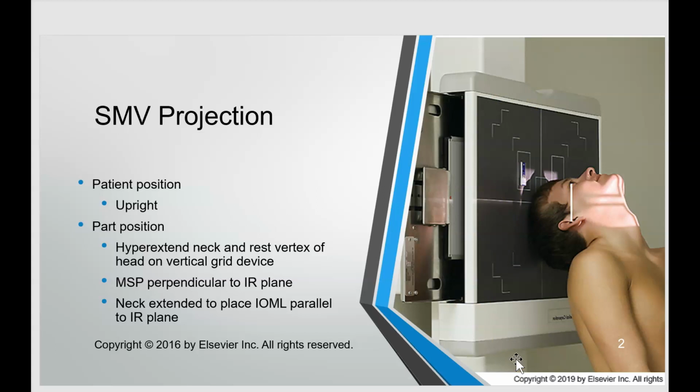Okay, it's important to make sure that if you're seating your patient, which is safer, you move that chair about a foot or so, sometimes even more, in front of that vertical bucky, and then have them extend their head back so that the vertex of their head is resting on the IR. Okay, the MSP is going to be perpendicular to the plane of the IR. And once again, the IOML is parallel.